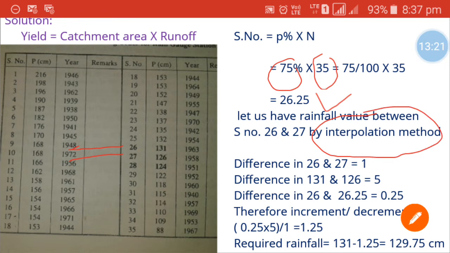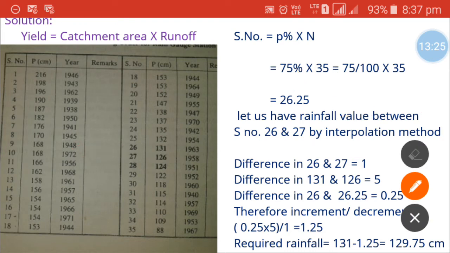This interpolation method we have already studied in surveying, so the same method we have to apply here. For serial numbers 26 and 27, we find the difference between these two serial numbers, and that is equal to 1.